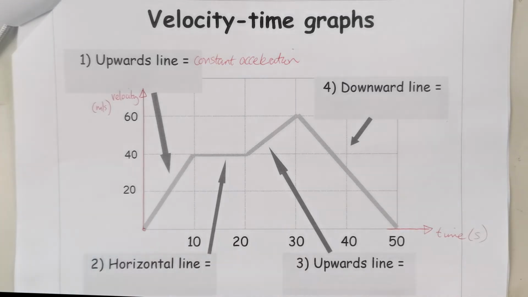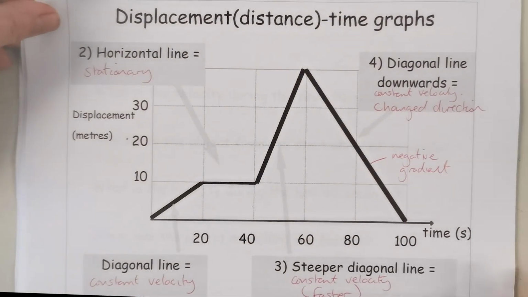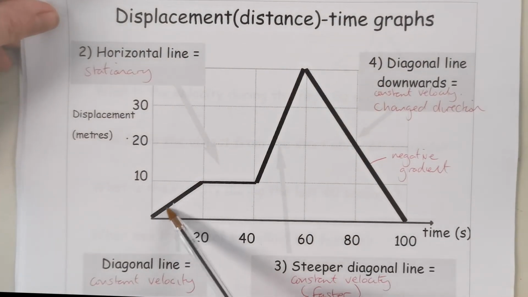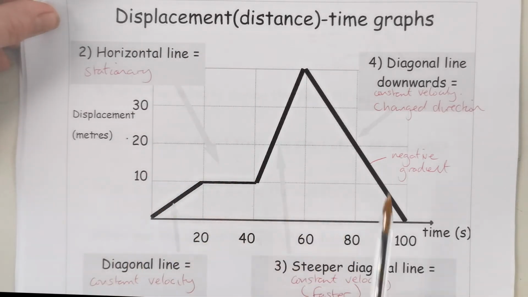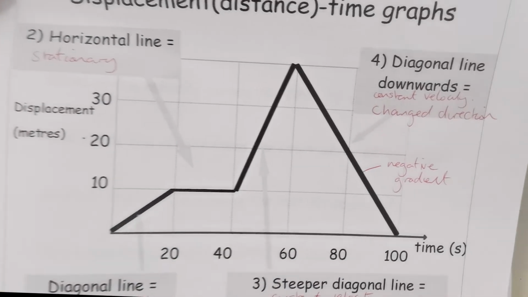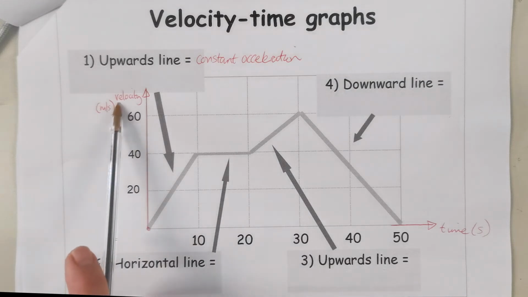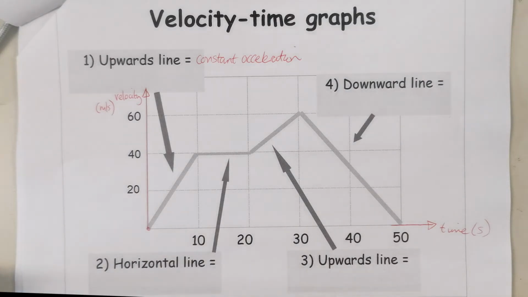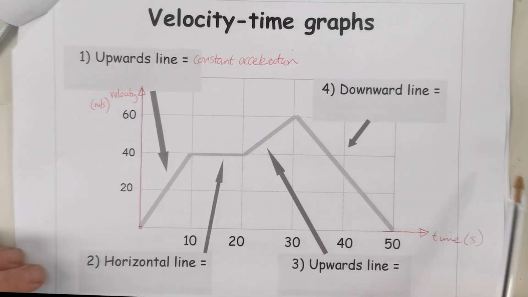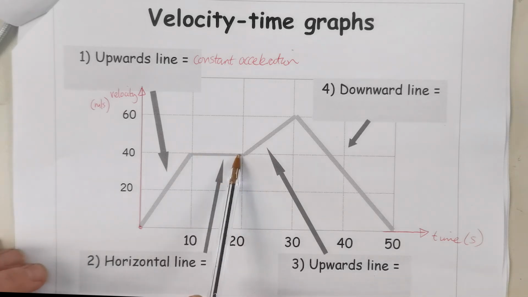If you remember on the previous lesson, when we looked at it, I'll show you here. This line before was constant velocity, but that was a displacement time graph. This is a velocity time graph. Now, what's going on in this section here between 10 and 20?